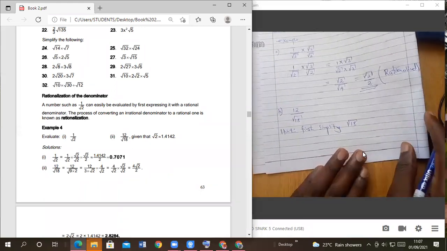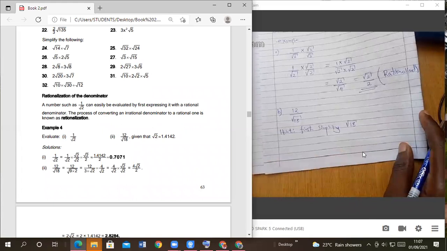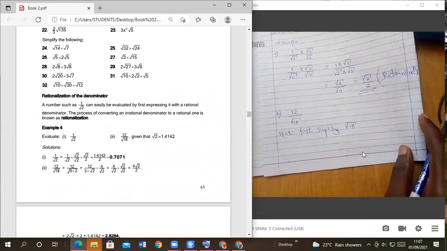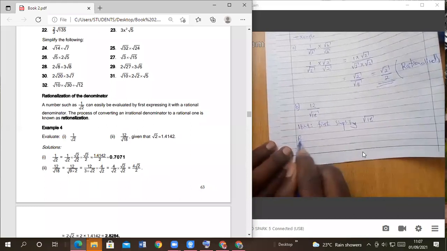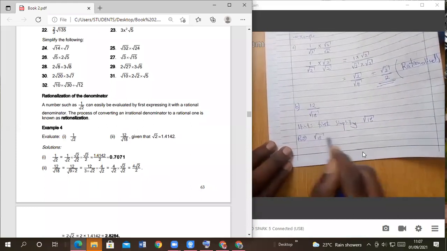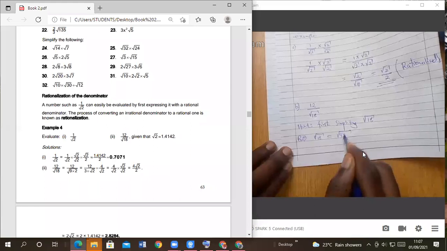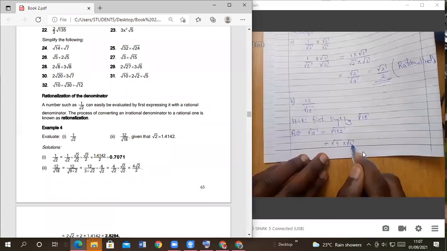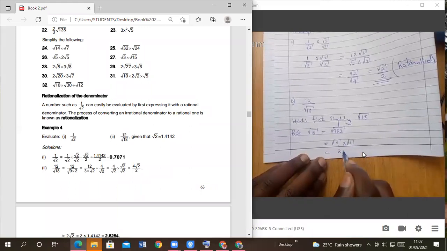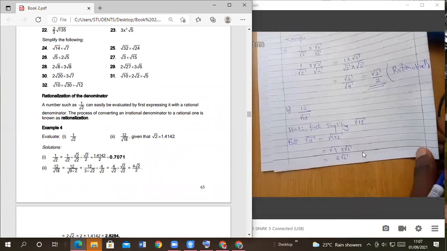When we are rationalizing, we have to deal with simplified surds. So root of 18 is the same as root of 9 times root of 2. The answer is 3 root of 2, members, not so?